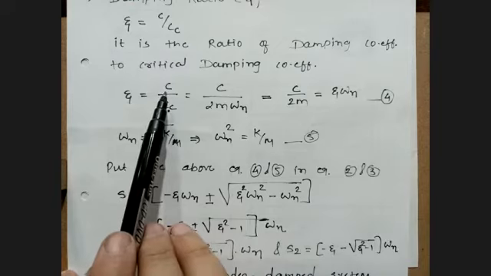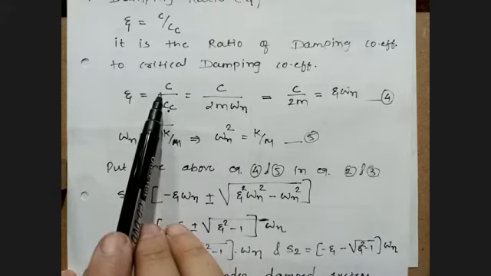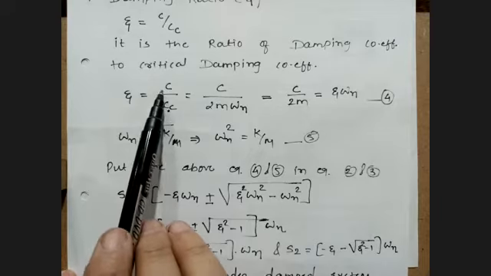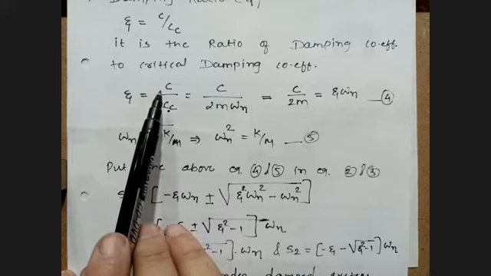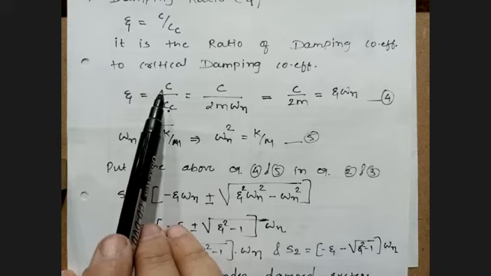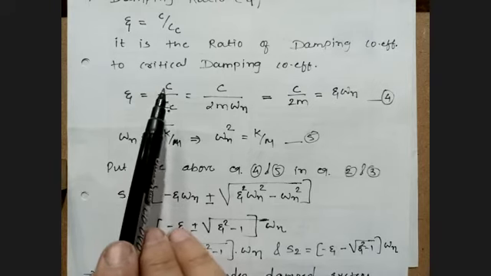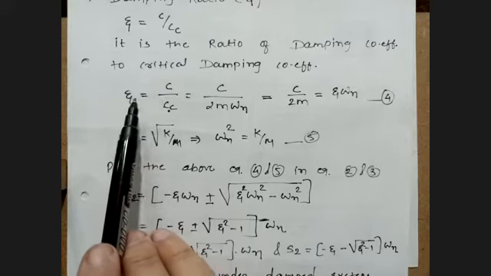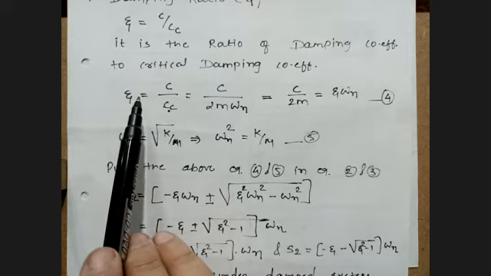And what do you mean by C equal to 0? It means no resistance, no damping. It is not a case of damping itself, right? So if there is no damping, there is no meaning of damping ratio. That's why we cannot consider 0.